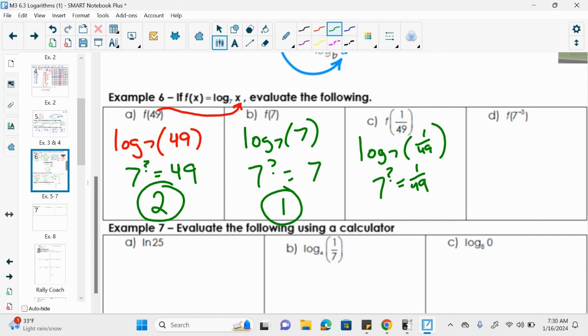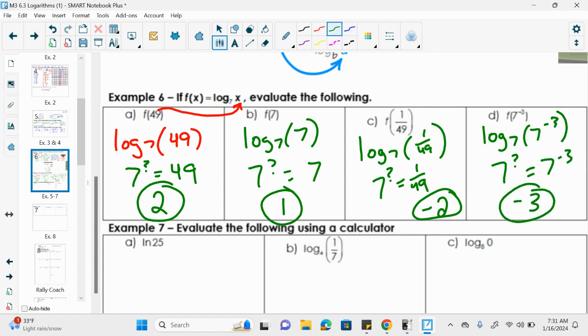Well, a negative exponent would flip that to the denominator, so our answer would just be negative 2. Log base 7 of 7 to the negative third power. 7 to what power equals 7 to the negative third? Well, that would just be negative 3.